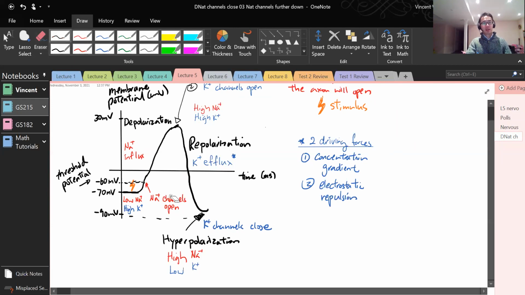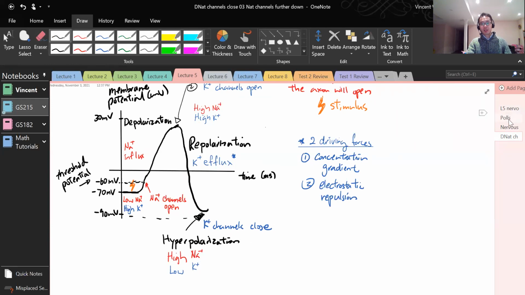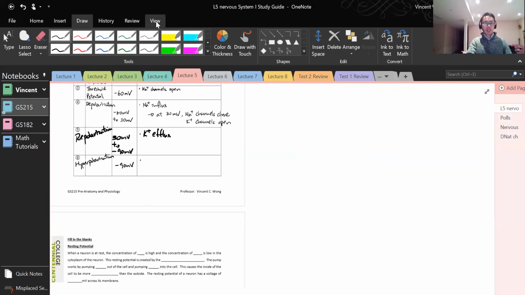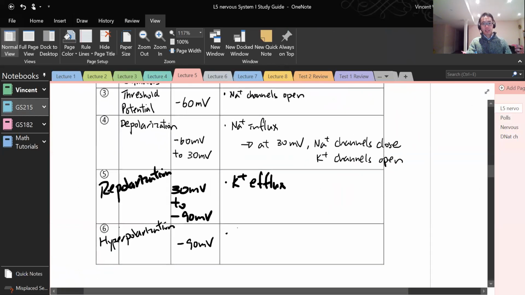So at hyperpolarization, we have two problems. Let me put it in the chart here for you. We have two problems. Number one, we are more negative than resting potential.